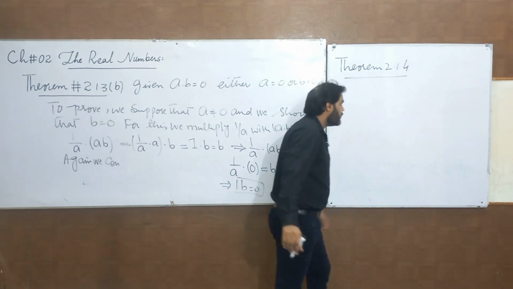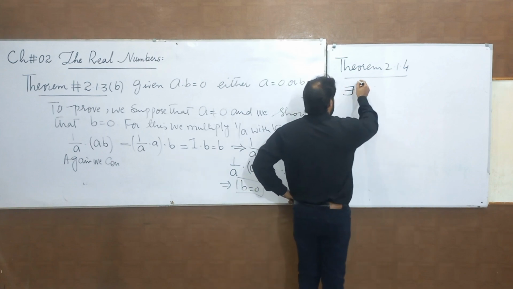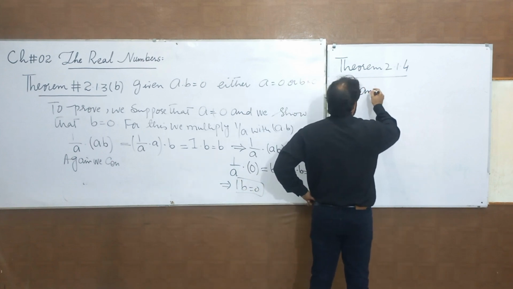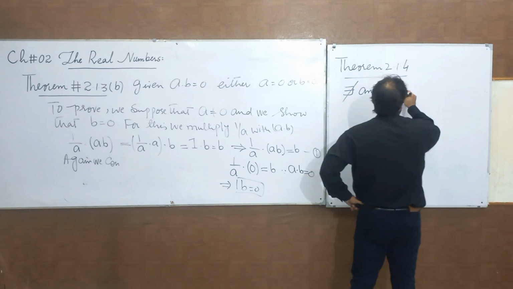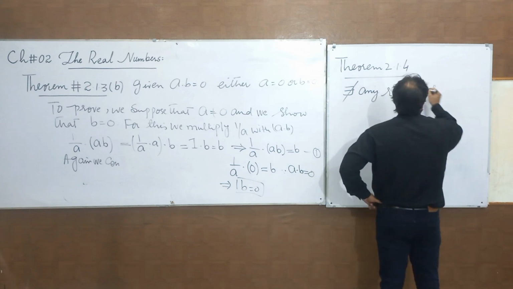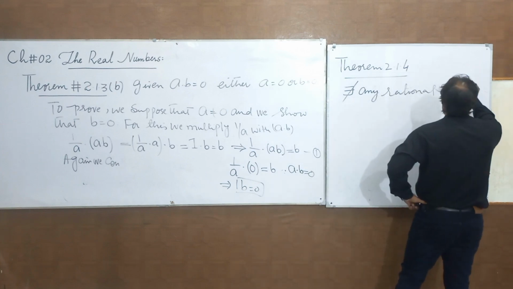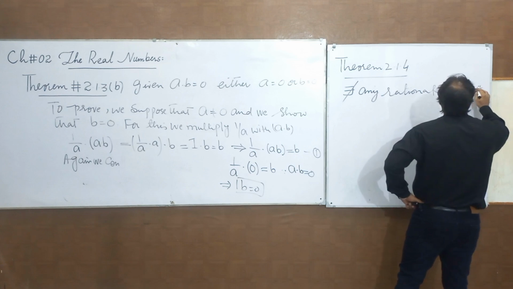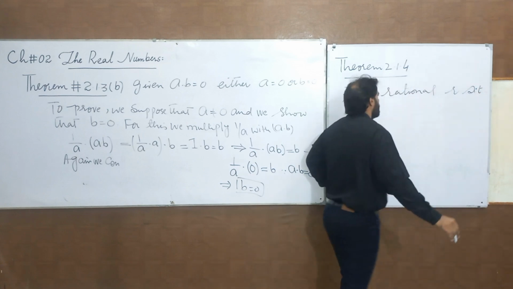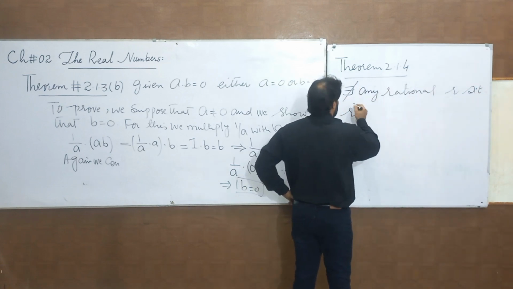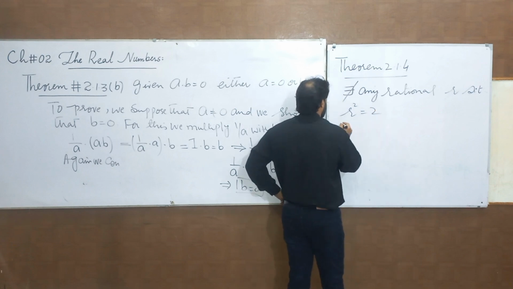In this theorem, we have to show that there does not exist any rational r such that r square is equal to 2.